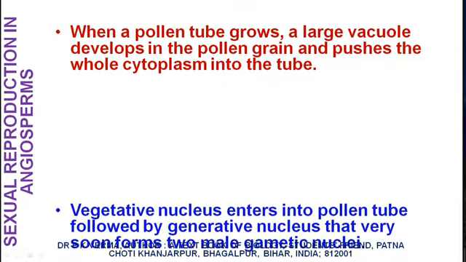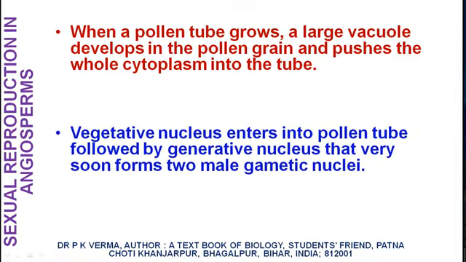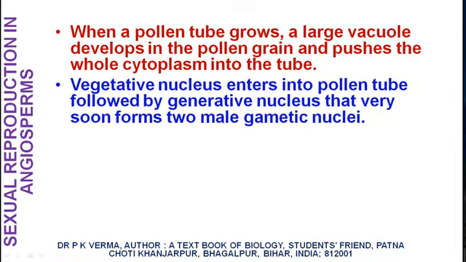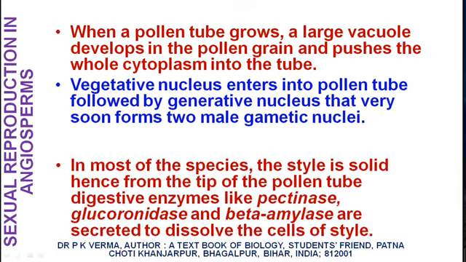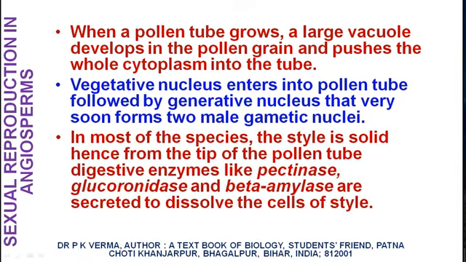The pollen tube comes out through one of the germ pores present in the pollen grain. At first, the vegetative nucleus enters the pollen tube, and it is followed by the generative nucleus. Later on, the generative nucleus forms two male gametic nuclei or the sperms.